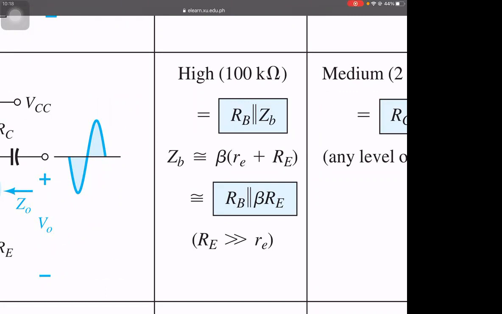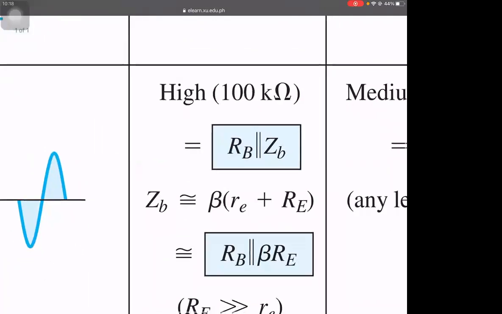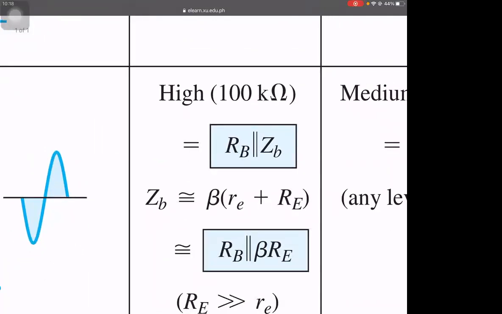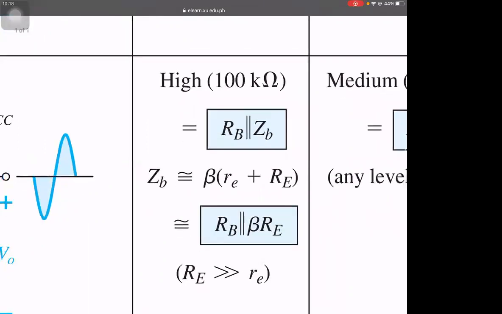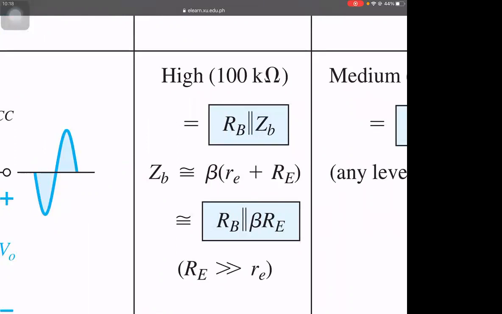But we'll use the more accurate formula: RB parallel ZB, where ZB is beta, small re plus big RE, the first and second lines.